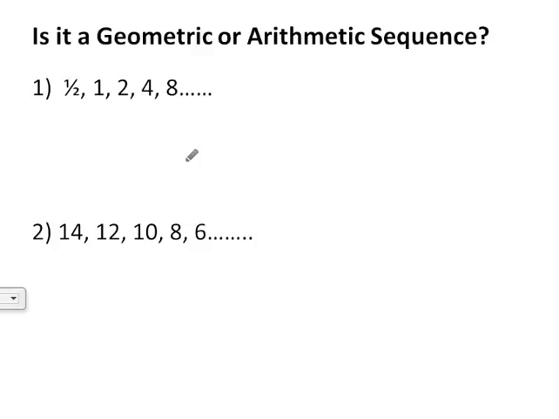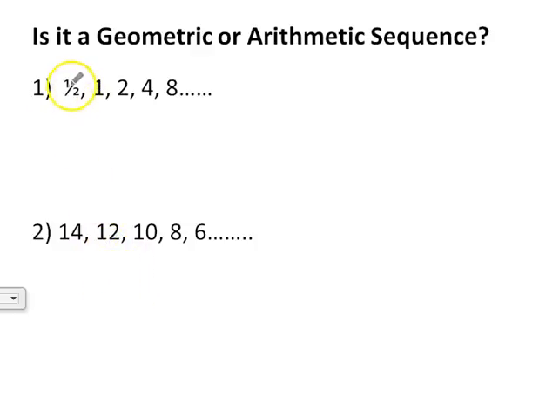All right, so if we're given a sequence, we can do some investigating to determine if it's a geometric or an arithmetic sequence, by determining if we're multiplying our number by a certain ratio, or if we're adding or subtracting by a difference.